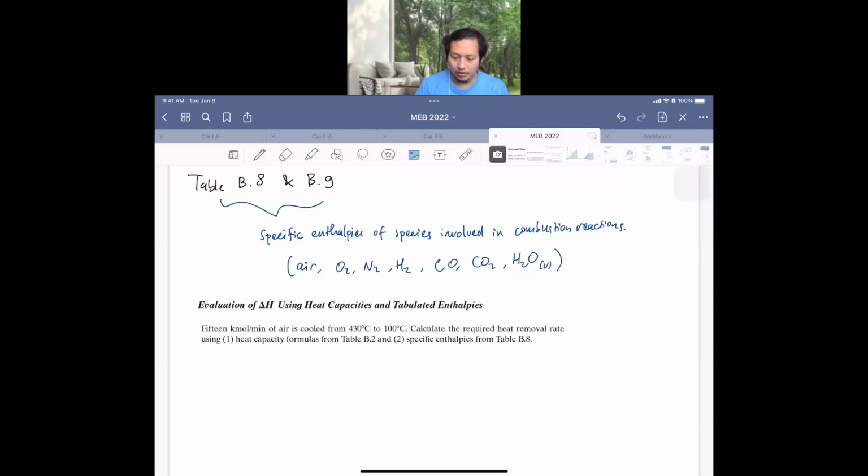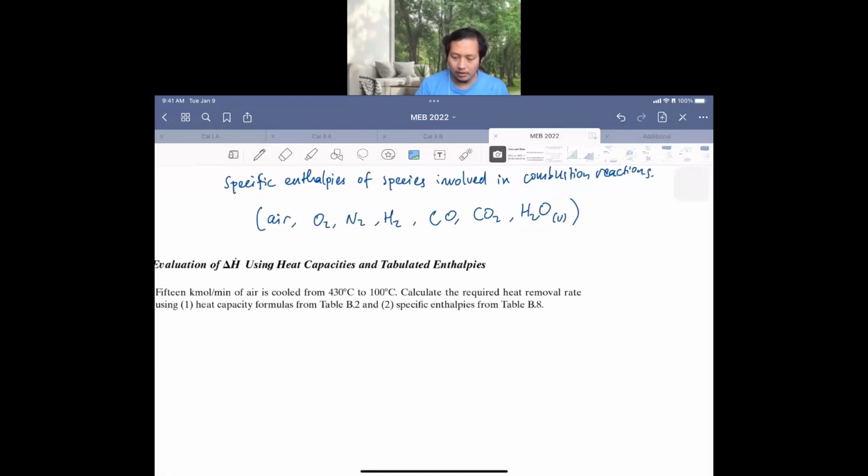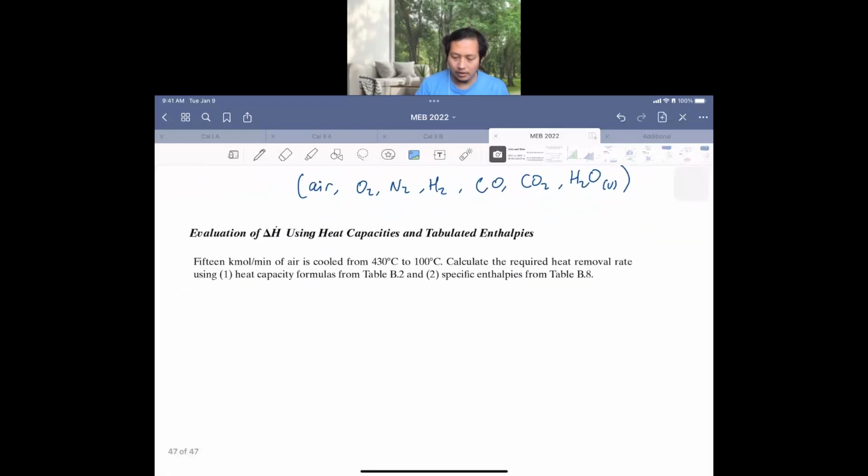There are at least two particular ways that you're going to observe now. So first, we check the table B2 to find the heat capacity, and then we check the specific enthalpies. Okay, there are two ways here. This is the first one. This is the second one.